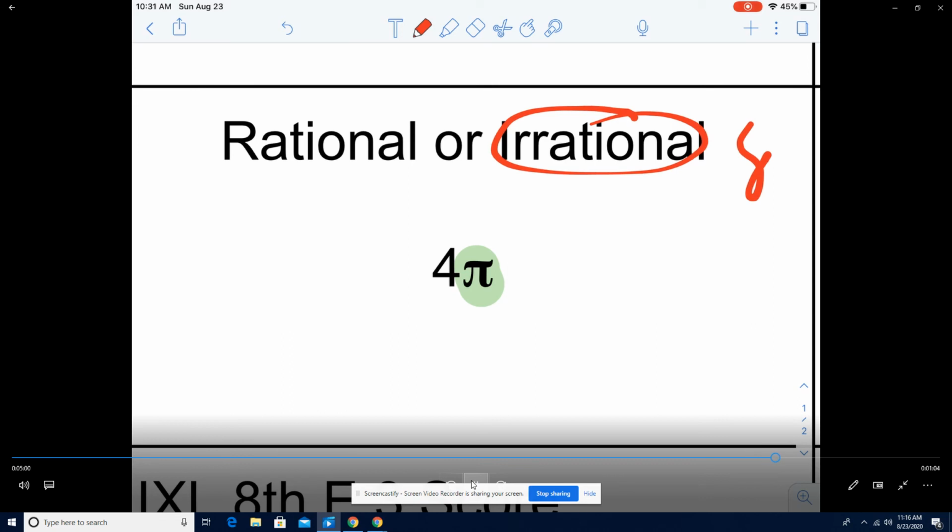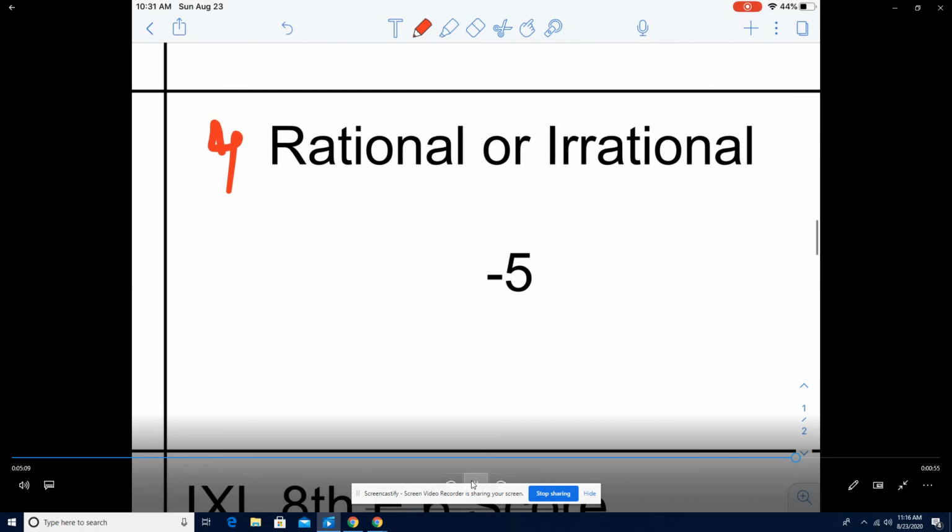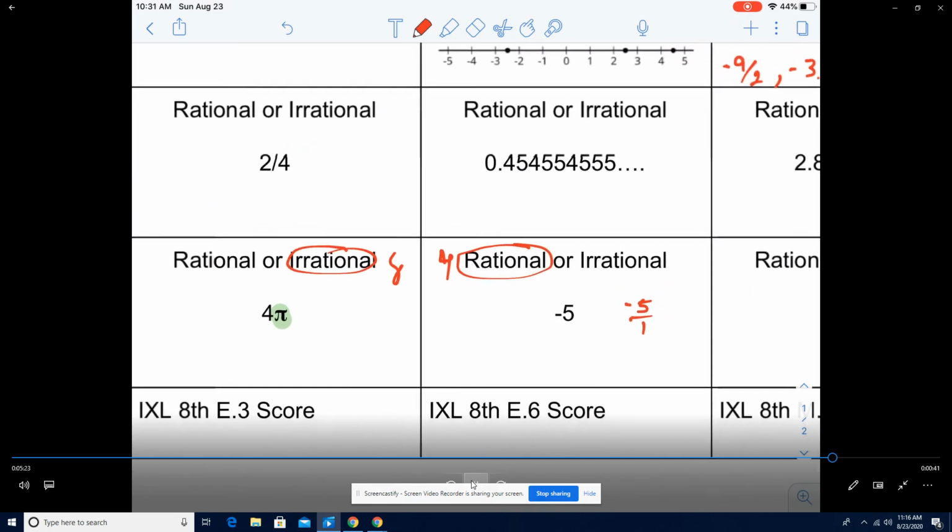Any number that doesn't end and doesn't repeat, you cannot write as a fraction. Looking at this one, this is a rational number. I can write -5 as a fraction, -5 over 1. I also know that it's rational because it ends. It's just -5, so there are no numbers after that.